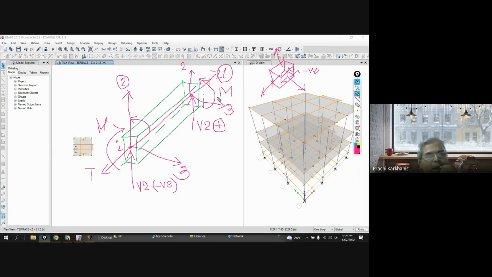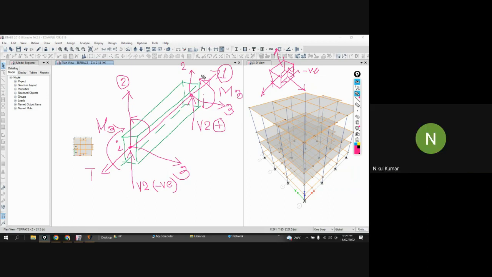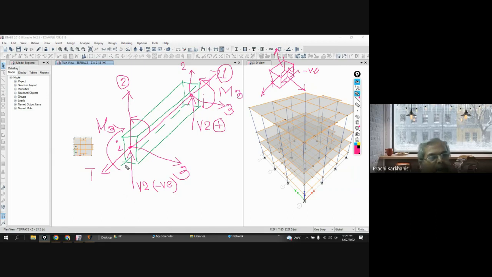Now this moment is about the 3 axis, so you will see M3. This is the convention that is applied when you see the results in ETABS. Is this much clear?